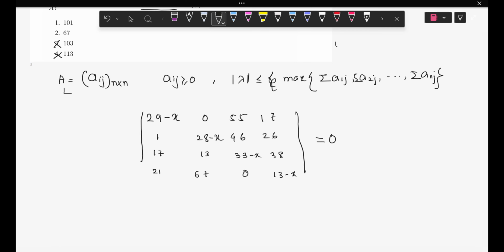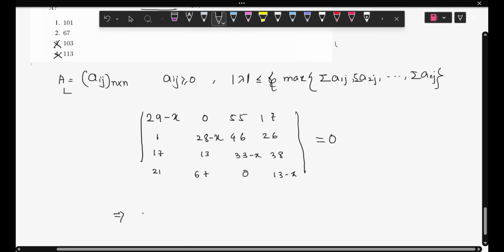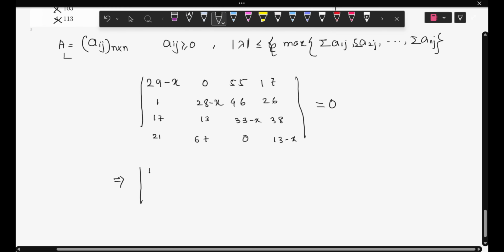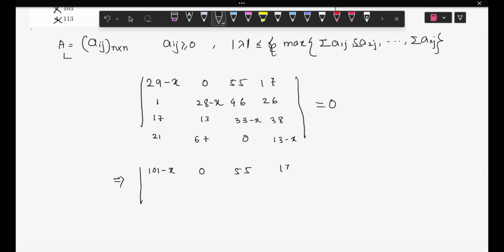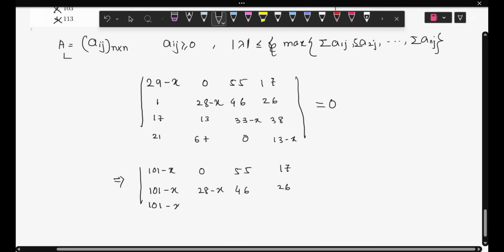If you add all the columns in the first column, then you would get 101 minus x, 0, 55, 17, again 101 minus x, 28 minus x, 46, 26, 101 minus x, 13, 33 minus x, 38, 101 minus x, 67, 0, 13 minus x. ठीक है ना? Equal to 0.